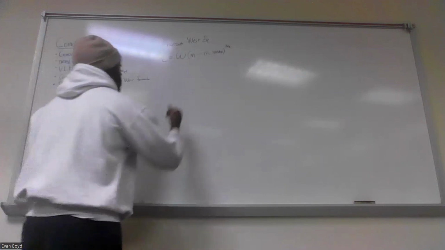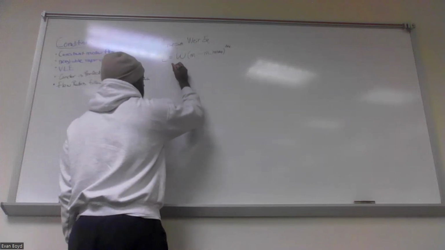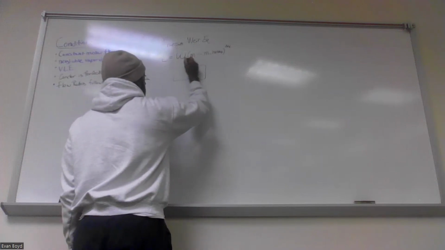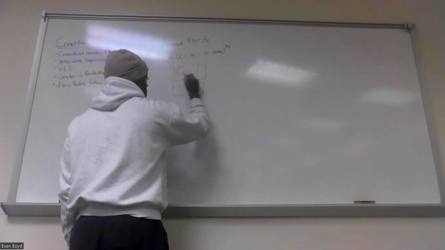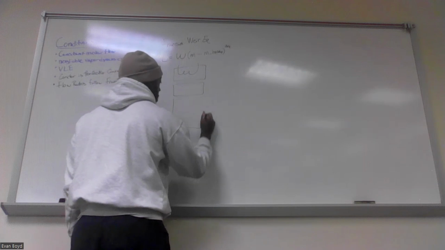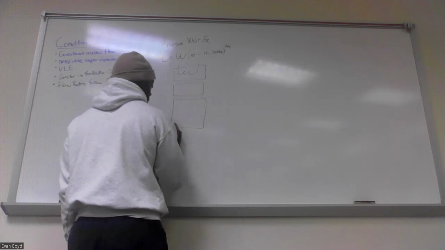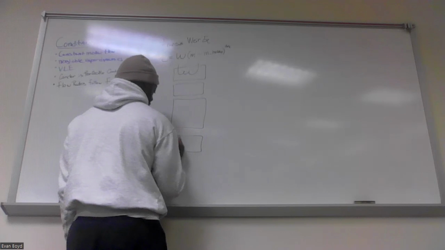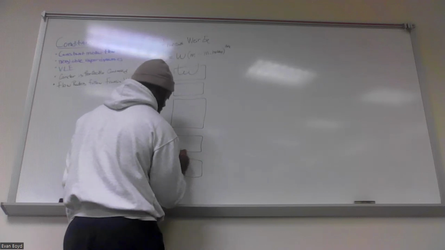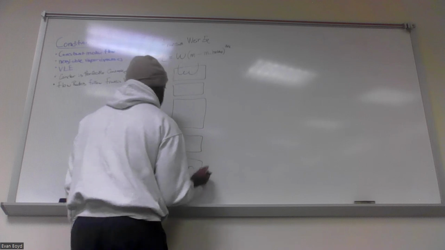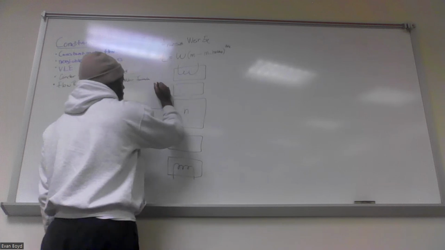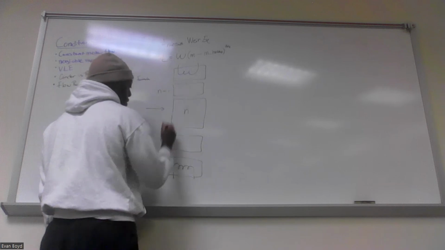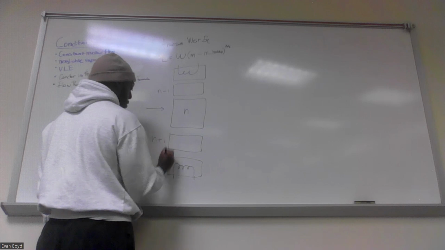So in our distillation column, let's just have stages, a condenser, the big stage, and a reboiler. And as we know, let's say a feed is going into stage N. This is N minus one, the stage above, and N plus one, the stage below.